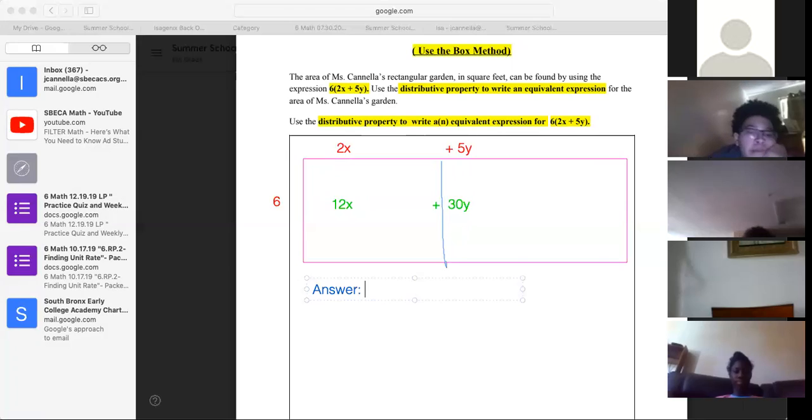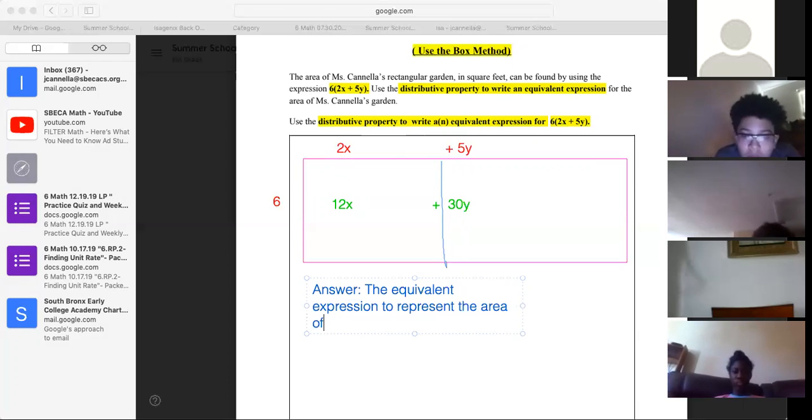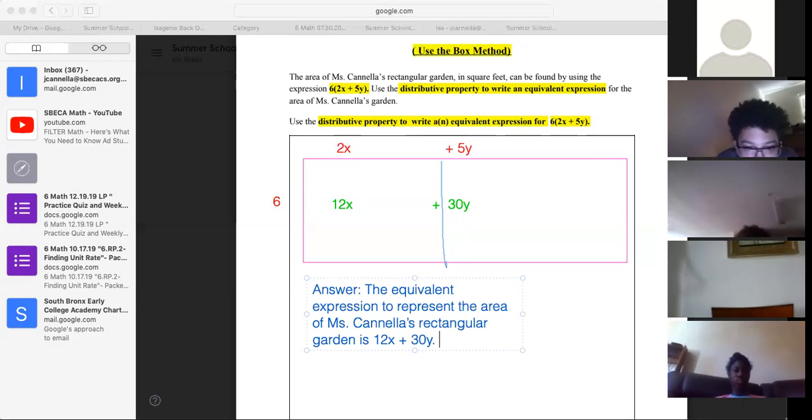Answer: The equivalent expression to represent the area of Miss Canella's rectangular garden is 12x plus 30y by using the distributive property.